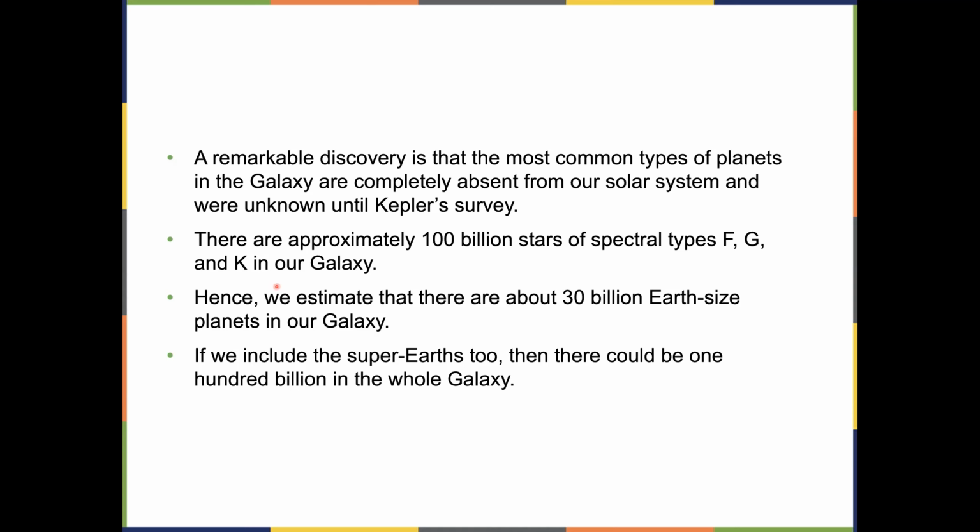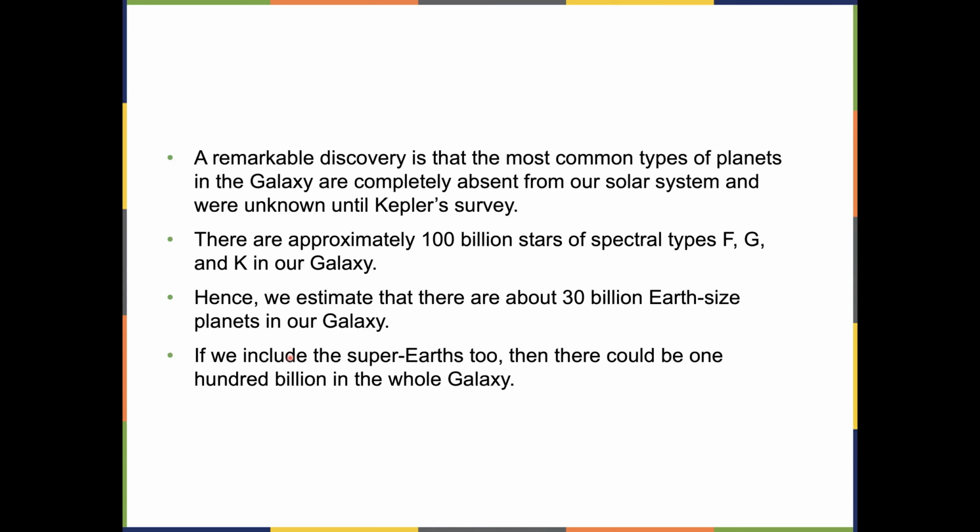So they have enough time to form planets around the stars, right? Because of that, we believe that F, G, and K spectral types are the stars more probable to have planets around them. We should be able to detect those, right?